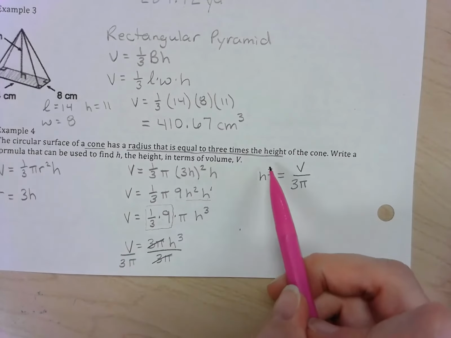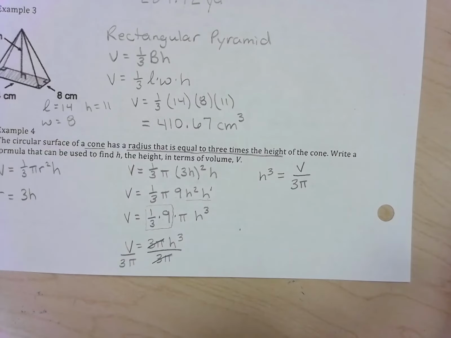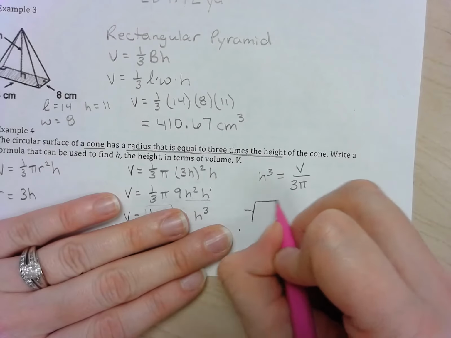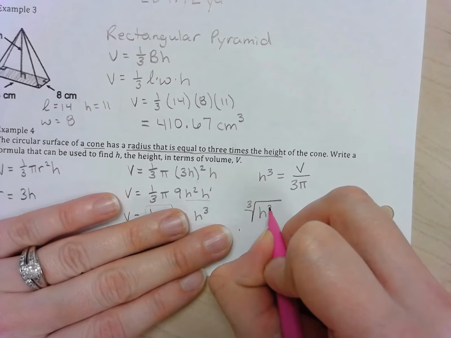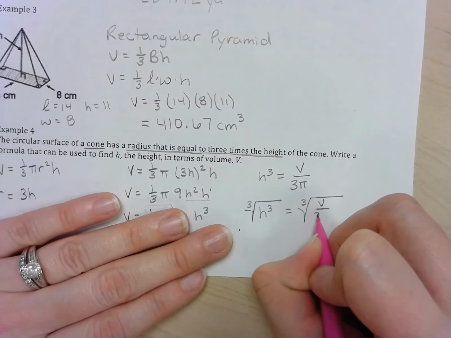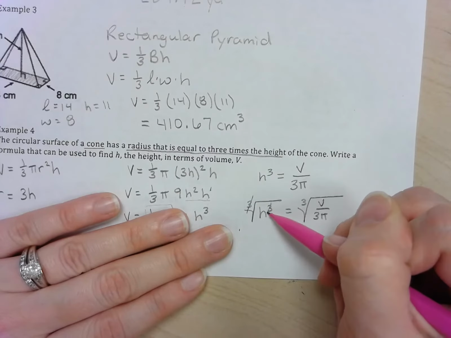And so our last step is to undo this exponent of cubed. We can undo that by taking the cube root. Just like whenever something is squared, you can undo that by taking the square root. Here we will undo it by taking the cube root. So taking the cube root of both sides, we'll get our h by itself because cube root and cubed cancel.